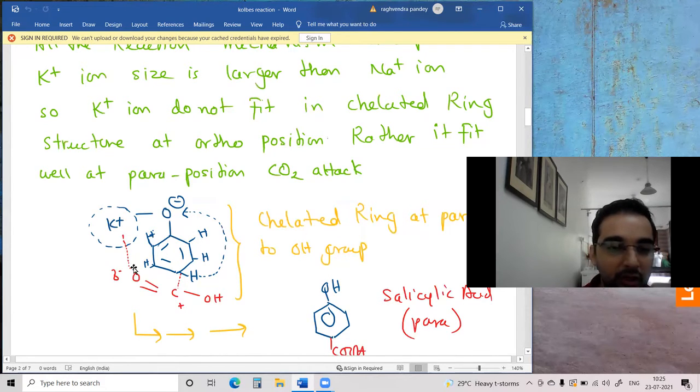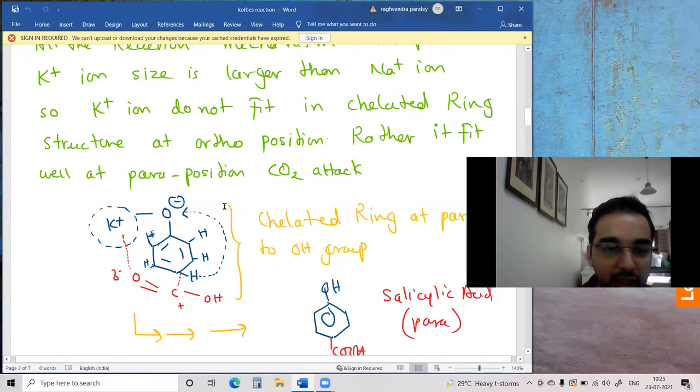The potassium ion chelates, or that's a very weak electrostatic attraction. Due to this electrostatic attraction, and because of the large size of potassium ion, carbon cannot attack on the ortho position.